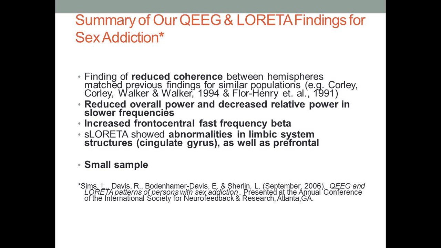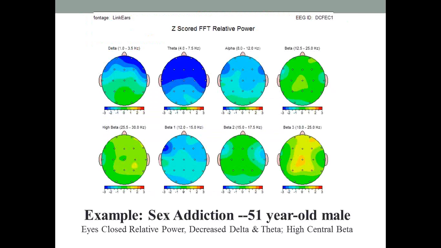Since then, if I wanted to go back and redo it, we've got a lot more folks I've done maps on over the years. But it was interesting because it basically validated a lot of the things I was seeing clinically and starting to understand.